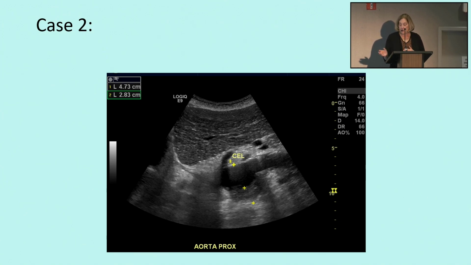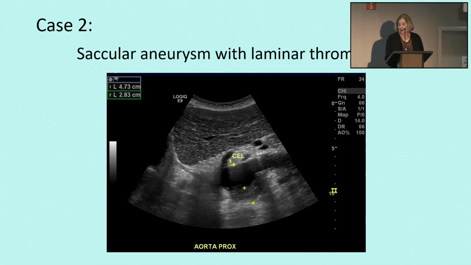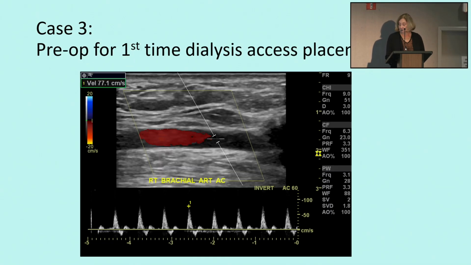So this was a saccular aneurysm of some decent size. An interesting aortic aneurysm case that could have been missed, especially without really clear imaging. I'm not saying that every time you miss something, it's your fault. Sometimes we don't get a clear view, and that's definitely true.